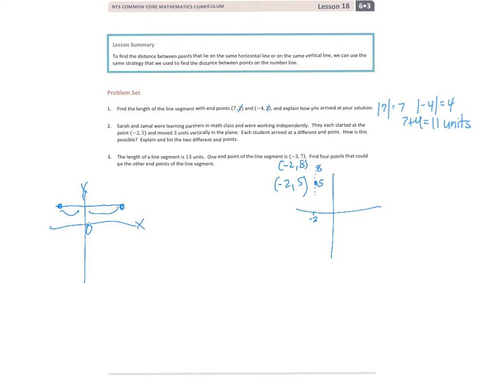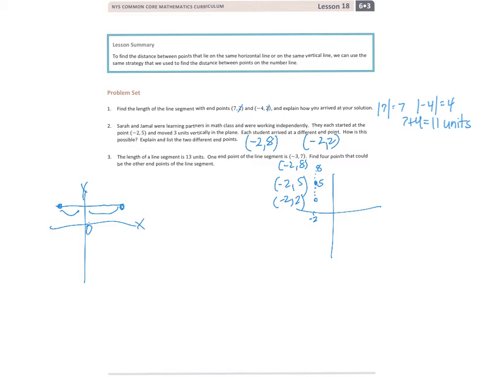Or if I drop down 3, it's negative 2 and 5, 4, 3, 2, so I would be at negative 2, 2. I'll write that in. I'm either going to end up at negative 2, 8, or negative 2, 2. Those are the 2 possibilities if they went up or down.